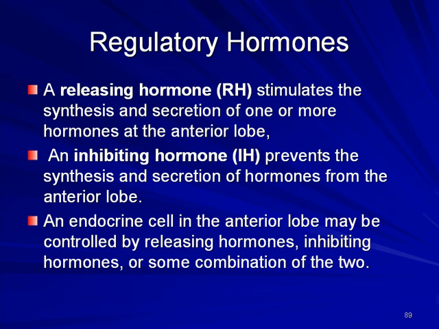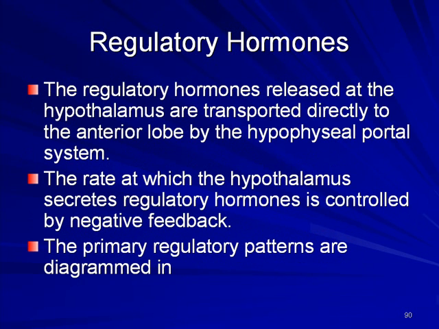Releasing hormones stimulate the synthesis and secretion of one or more hormones in the anterior lobe of the pituitary gland. The inhibiting hormones prevent the synthesis and/or secretion of hormones from the anterior lobe of the gland as well. Regulatory hormones are released at the hypothalamus and transported directly to the anterior lobe by the hypophyseal portal system.